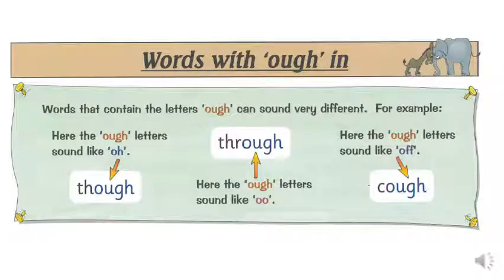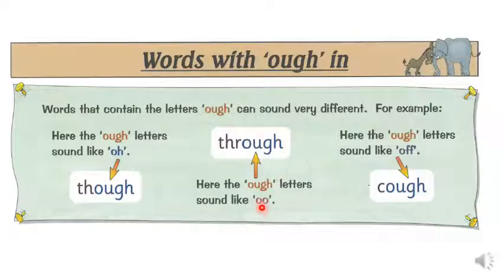So today we're looking at words with the O-U-G-H in. Words that contain the letters O-U-G-H can sound very different. For example, here the word O-U-G-H makes the sound O as in though.